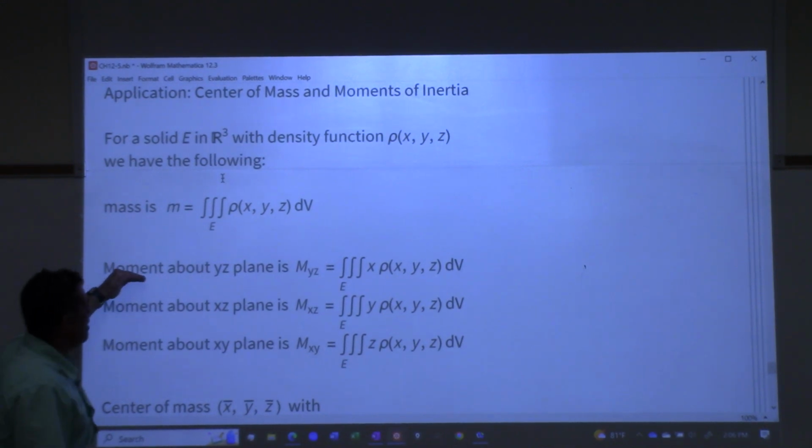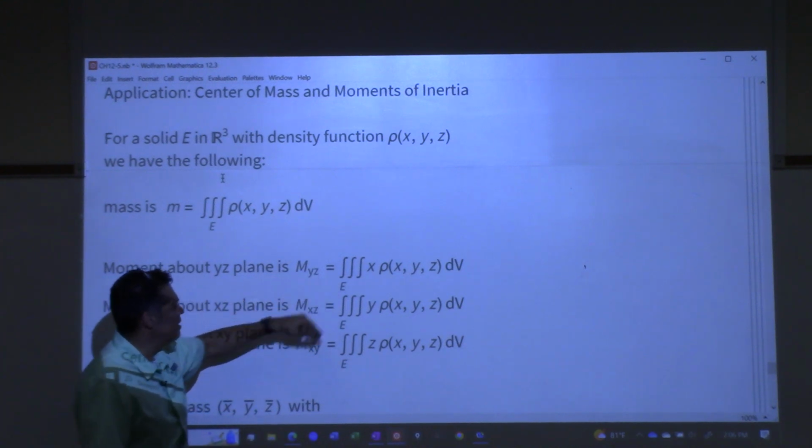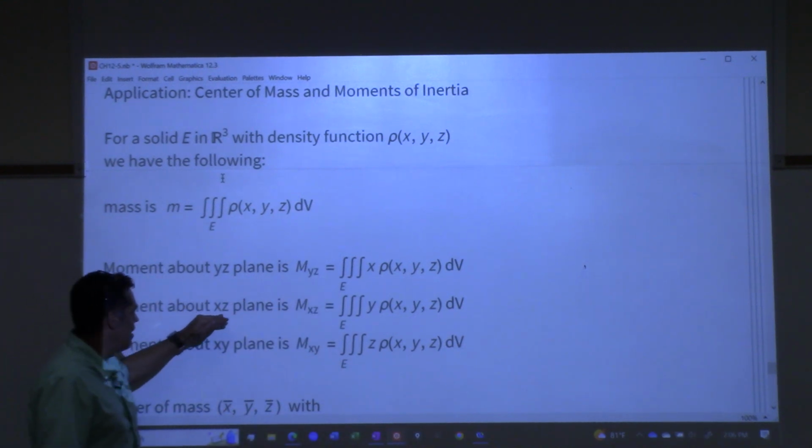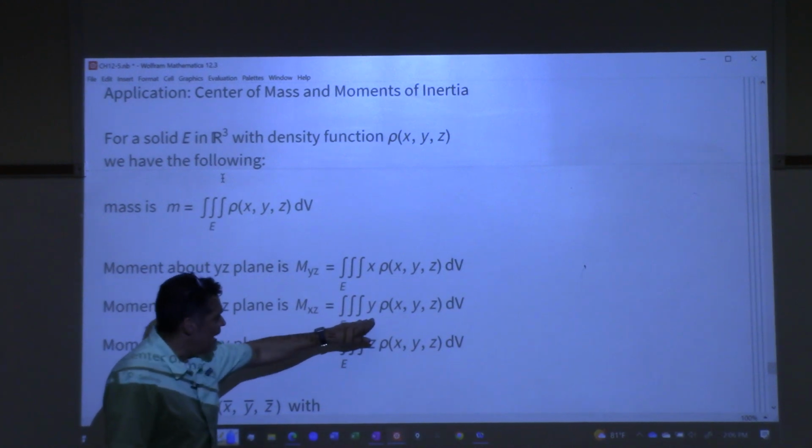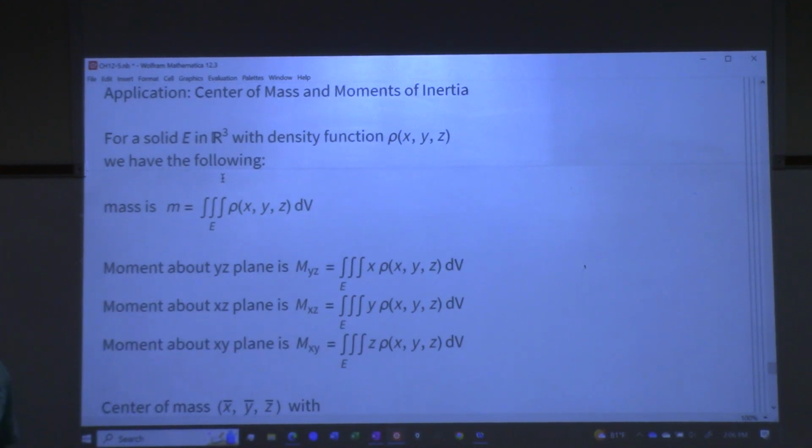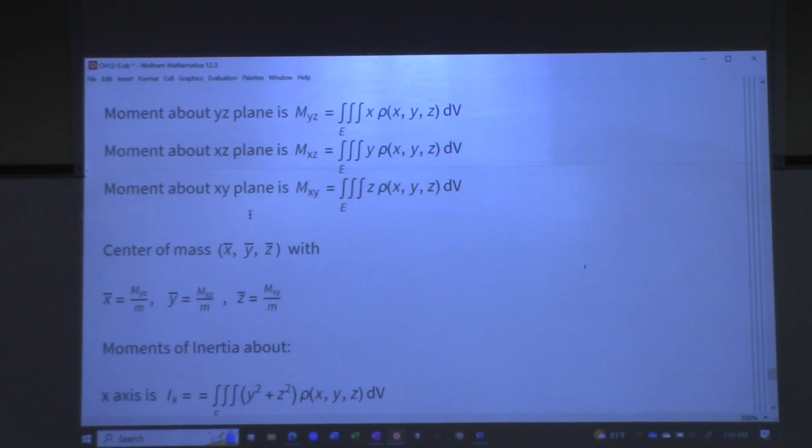We can find the moment about the yz plane with that formula, the moment about the xz plane with that formula, and then that one for the last moment. And then the big formula is how you get the center of mass.